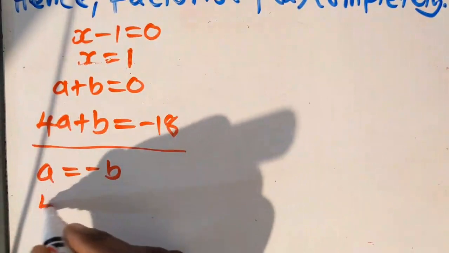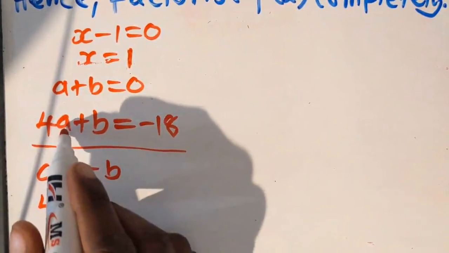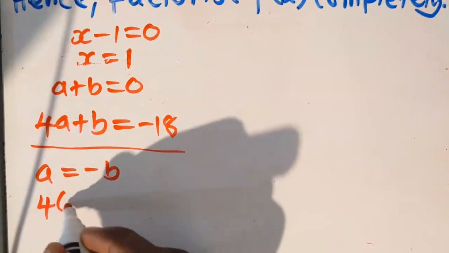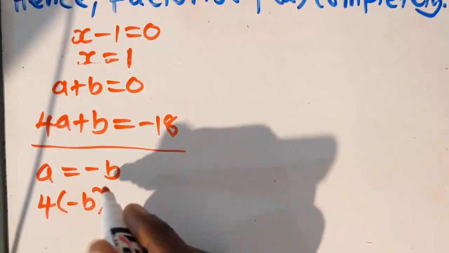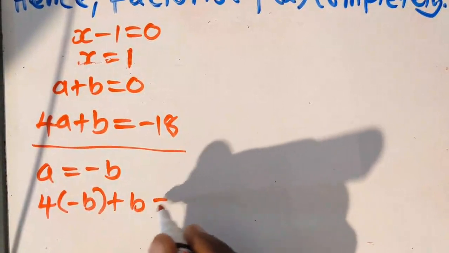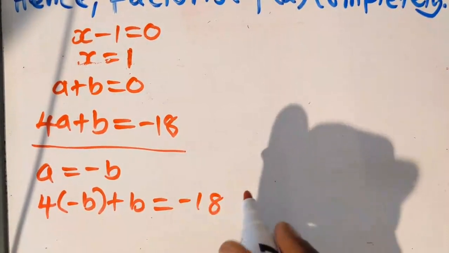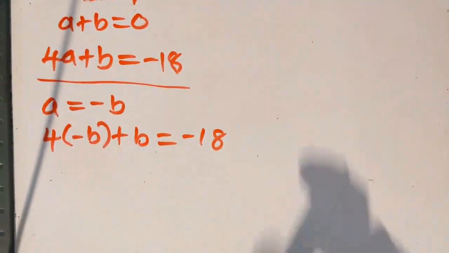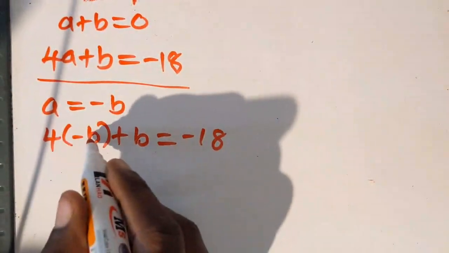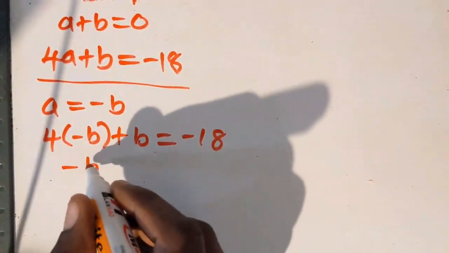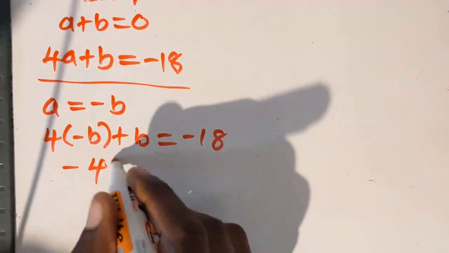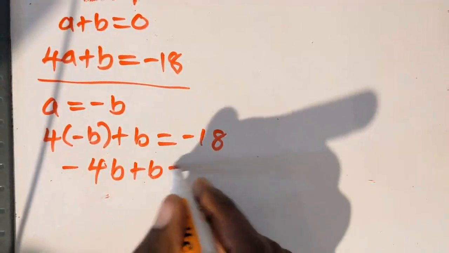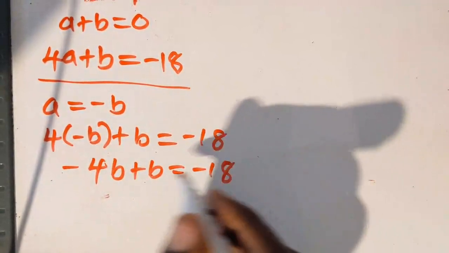So we're going to say 4, here there is a, so we put 4 multiplied by negative b, plus b is equal to negative 18. Then 4 times negative b is going to be negative 4b. Negative 4b plus b equal to negative 18.